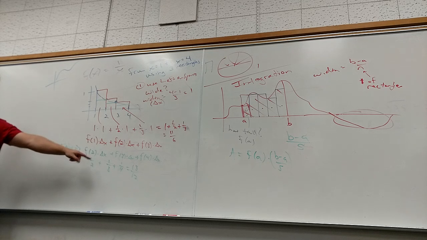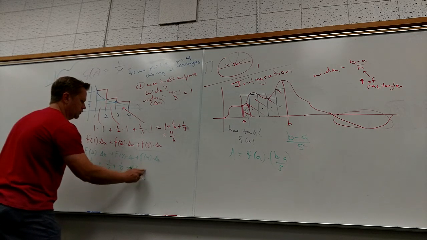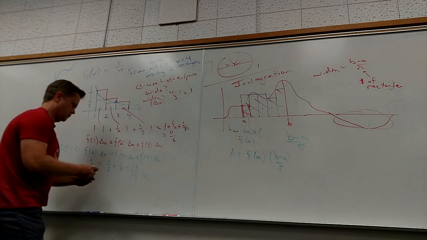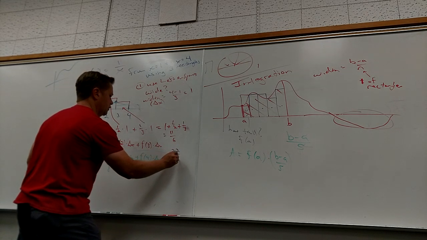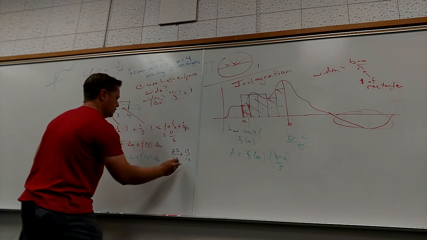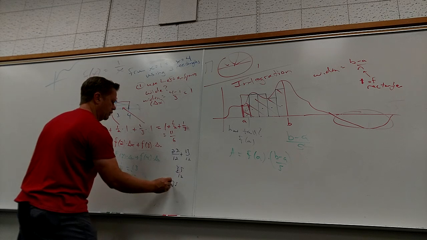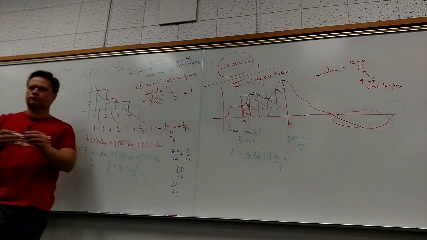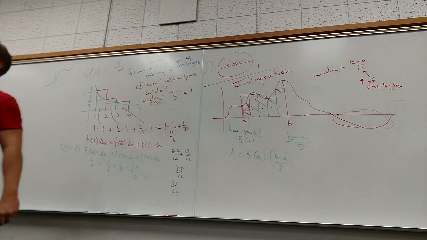That's an underestimate. Now, if I add that to 11/6, which is also known as 22 twelfths, I get 22 twelfths plus 13 twelfths. I get 35 twelfths. If I cut that in half, I get 35 24ths. Now, somebody help me out. What is 35 divided by 24 roughly?